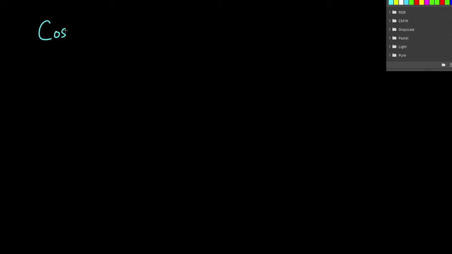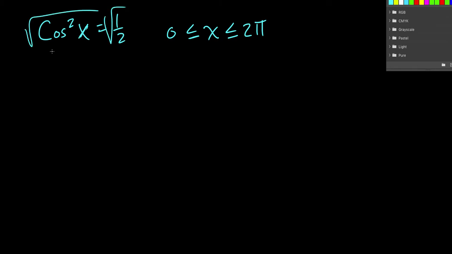Okay, so now we have cosine squared x equals 1/2. We're going from 0 to 2 pi. So what we need to do first is solve for cosine, just like the other ones. So we're going to square root both sides.